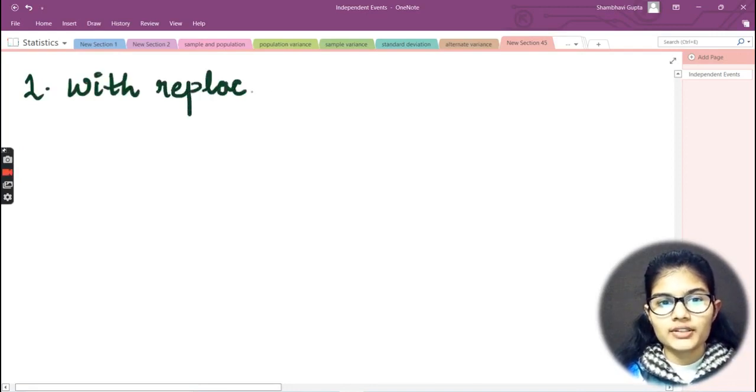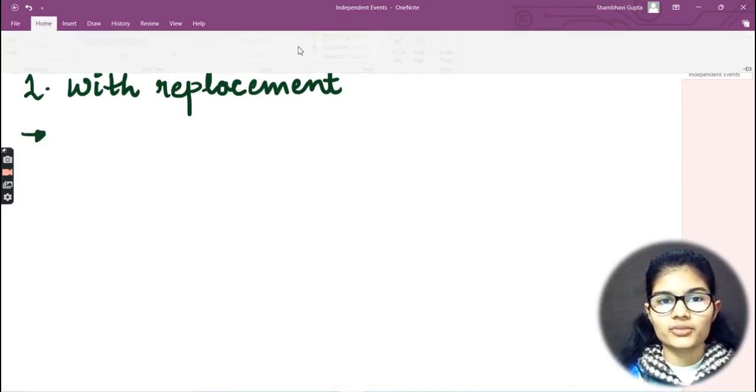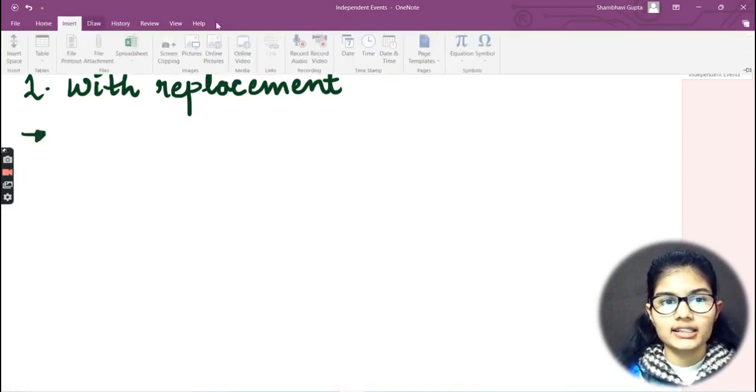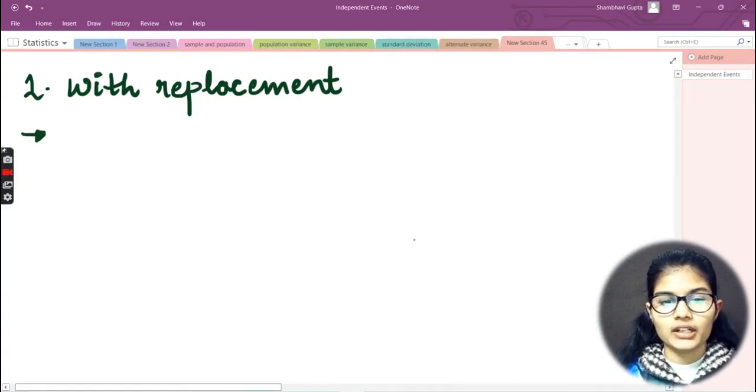Okay, so with replacement. Now here go my conditions and the things that are to be taken care of. Let me quickly take out my color. Great. So let's first learn about the with replacement.